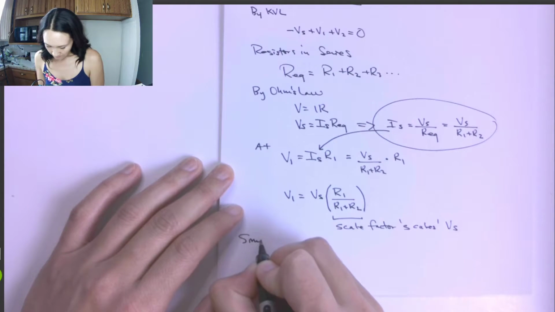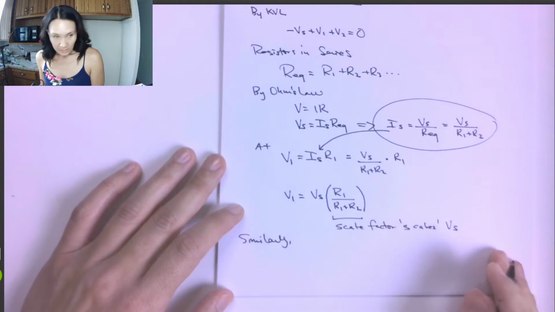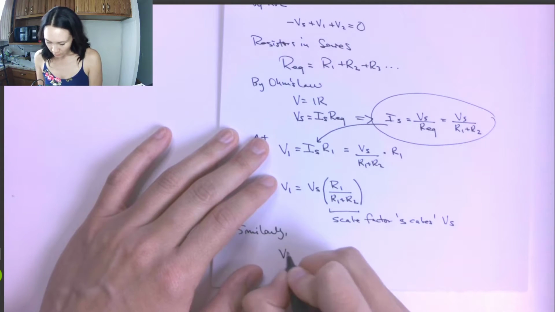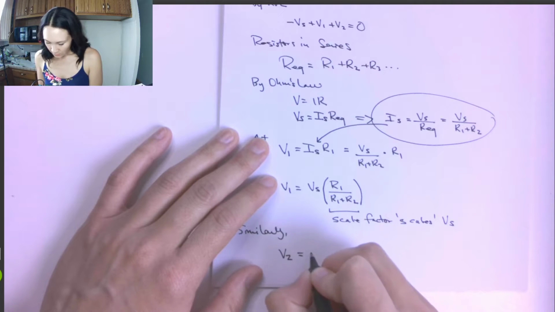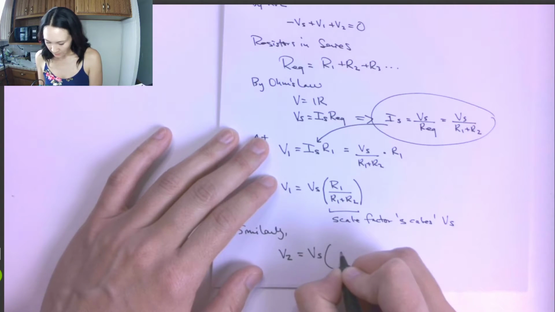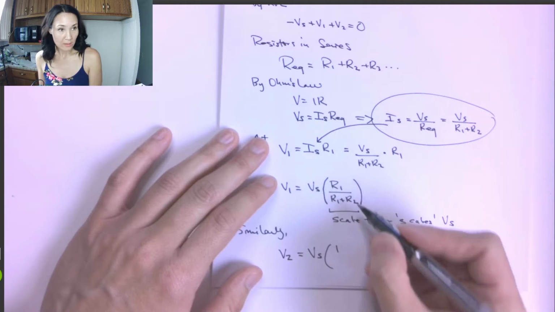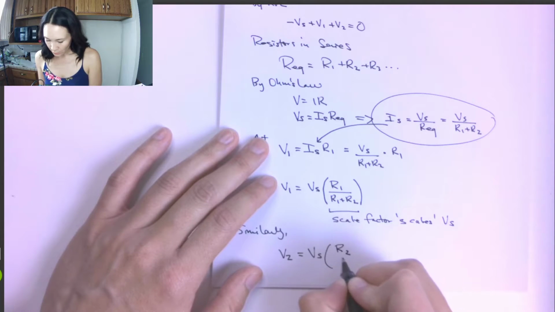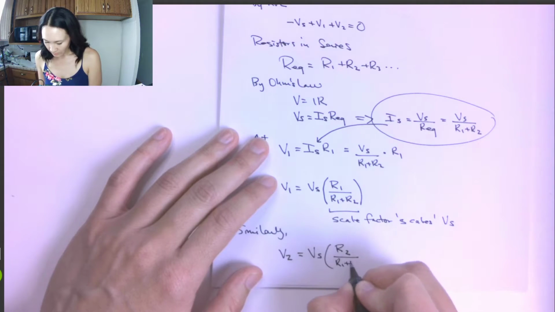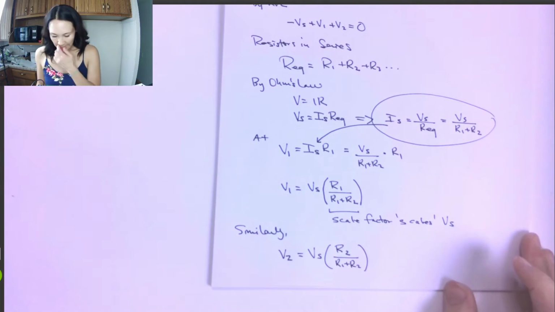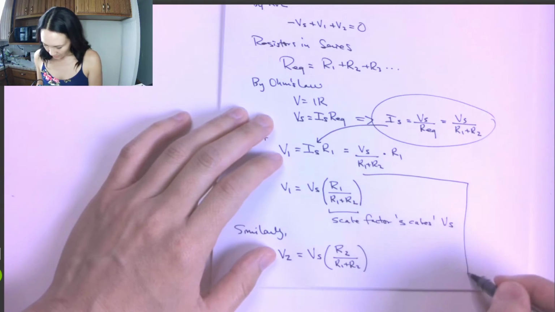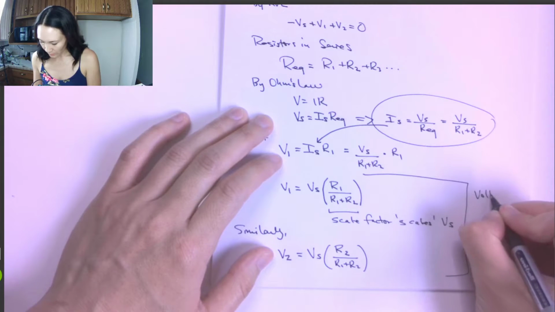Similarly, we can do the same derivation for V2. So V2 is just going to be Vs times, this time, instead of R1, it'll be R2 over R equivalent, R1 plus R2. Okay, so these are the voltage divider equations.